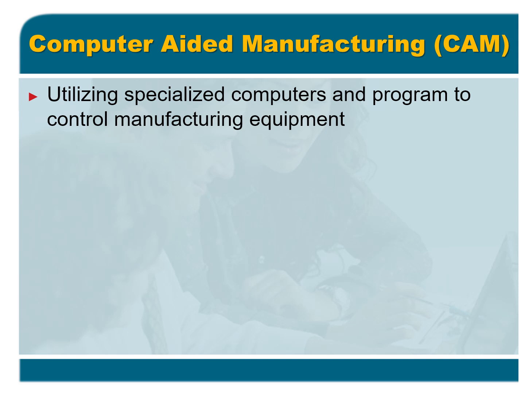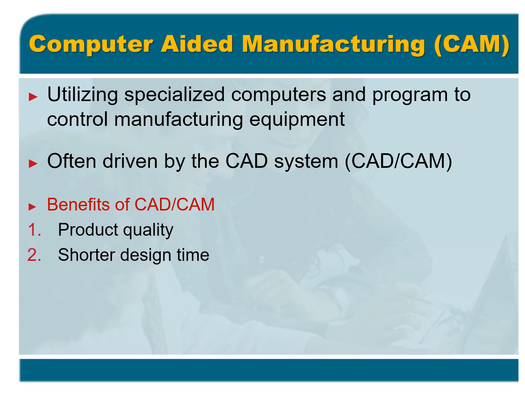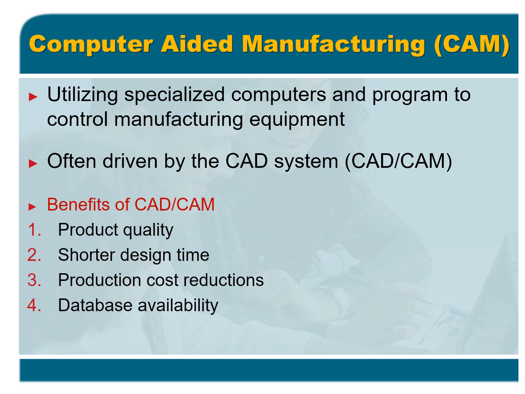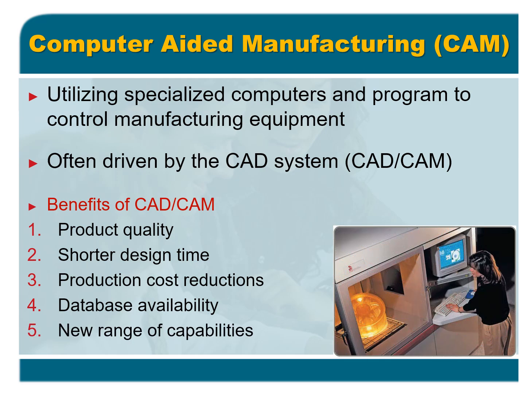CAM, on the other hand, is utilizing specialized computers and programs to control the manufacturing equipment, usually driven by CAD. The benefits of CAD-CAM are product quality, shorter design time, production cost reductions, database availability, new range of capabilities, and I'm going to add quicker to production.